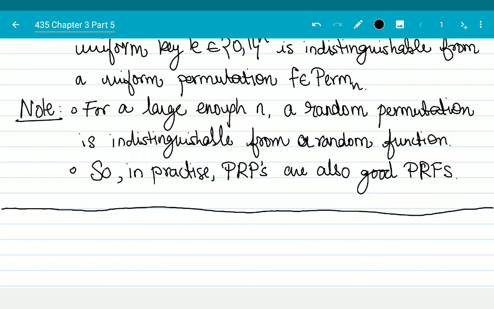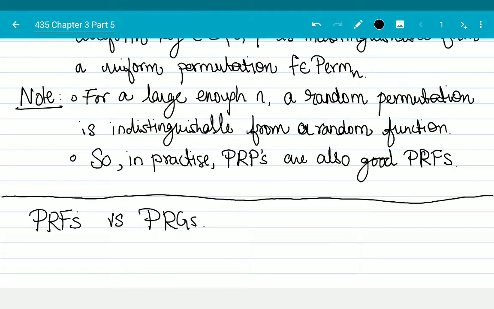How do I use pseudo-random functions for pseudo-random generators? Here's how we do it. PRFs versus PRGs. A pseudo-random function f immediately gives you a pseudo-random generator G.